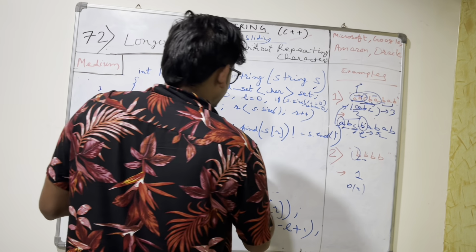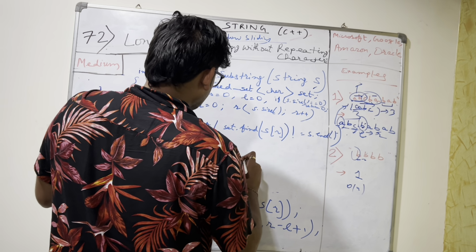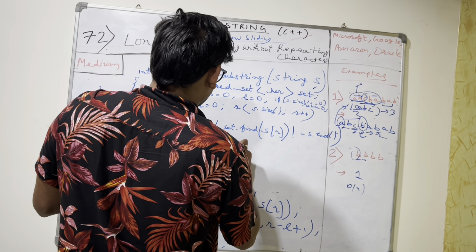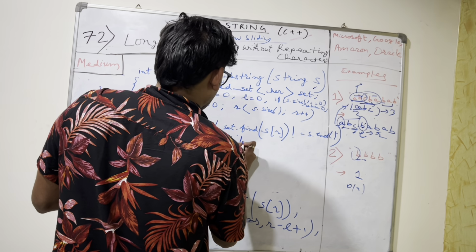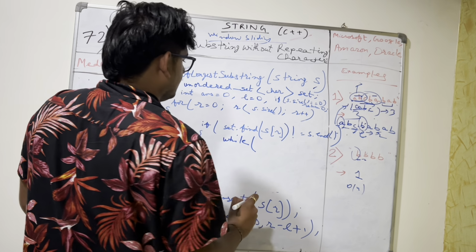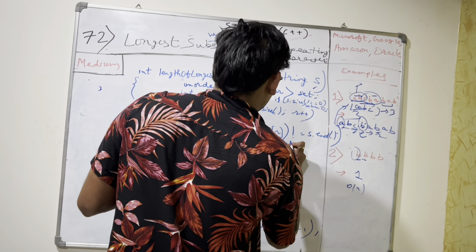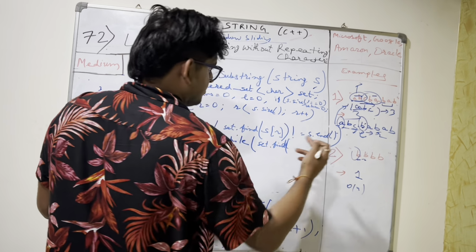If the element got repeated, then you need to check while set dot find of s of R is not equal to set dot end. Till the time it is repeated, you will be increasing this L. That is what we have done.